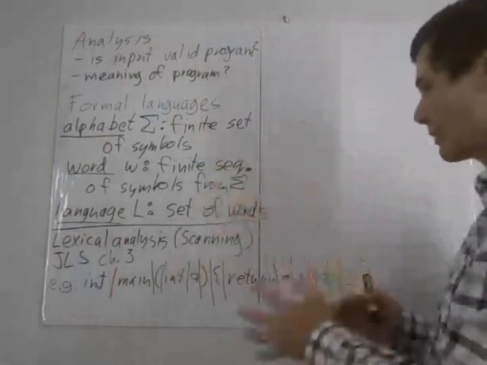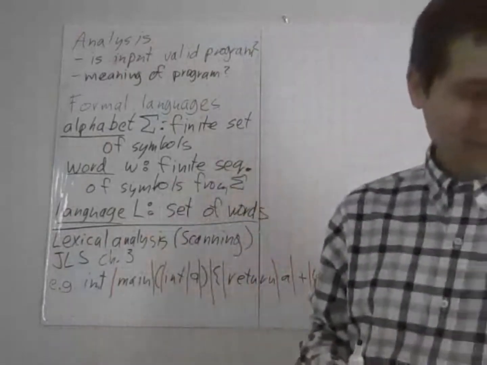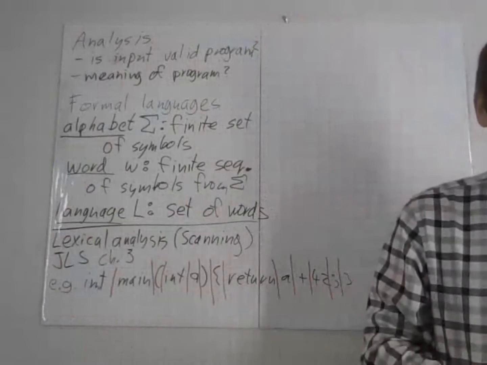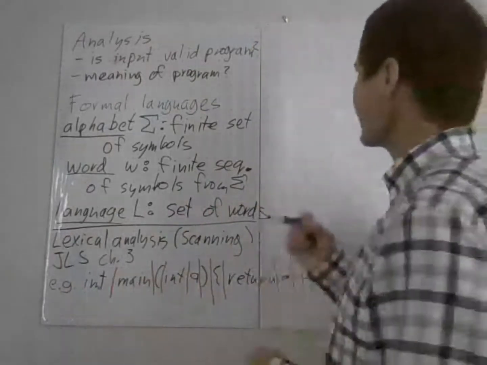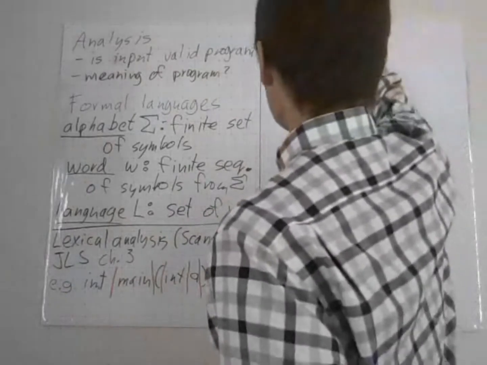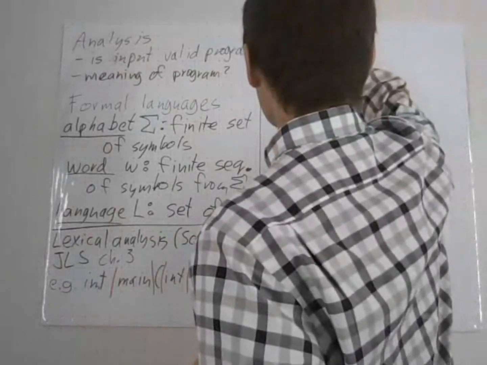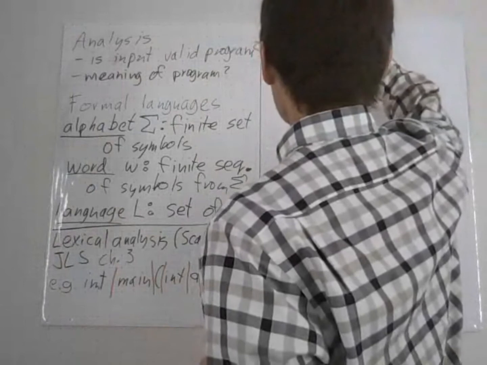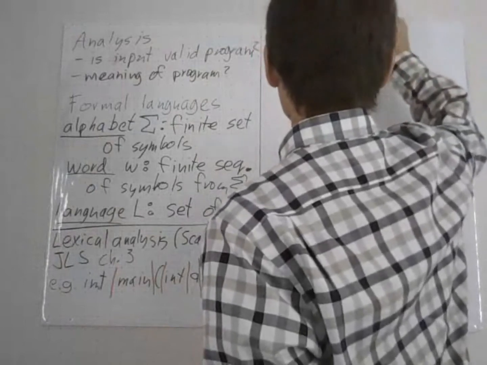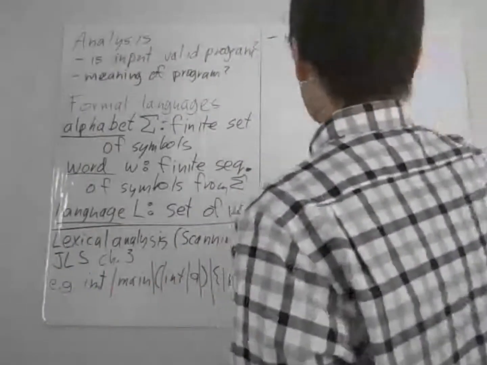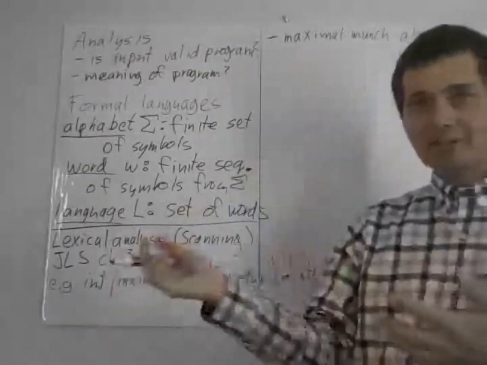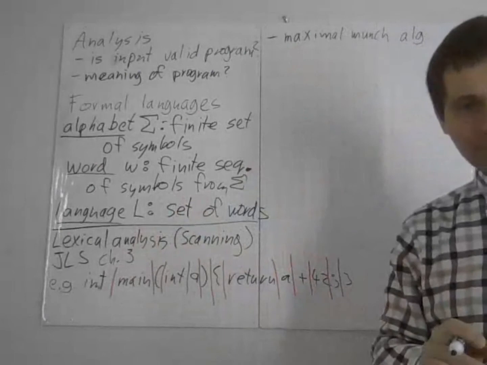So we want to split the input into tokens, and so how do we do that? And so just to throw out some words here. So we're going to use the maximal munch algorithm, and I'll talk about that algorithm a little bit later.